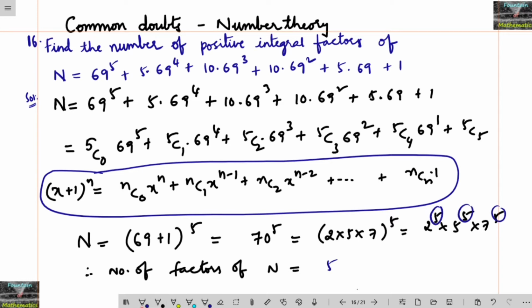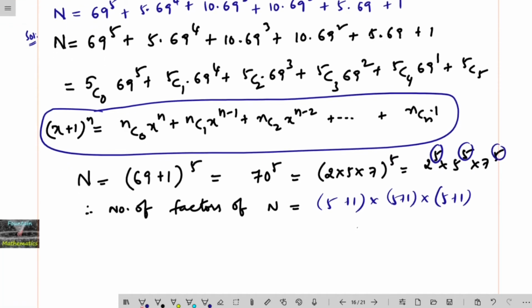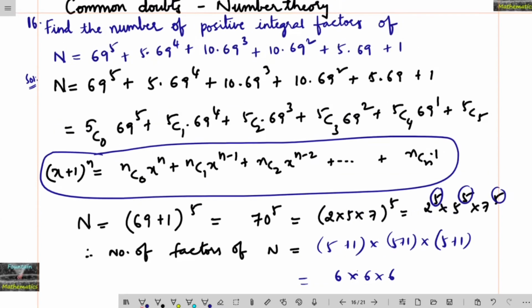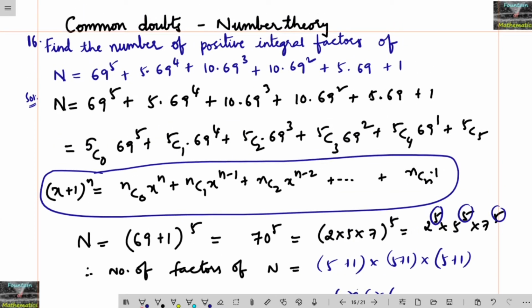For this we need to add 1 to each: 5 plus 1 into 5 plus 1 into 5 plus 1. So we can just write 6 into 6 into 6. So this is 216. Therefore the number of positive integral factors of the given number is 216.